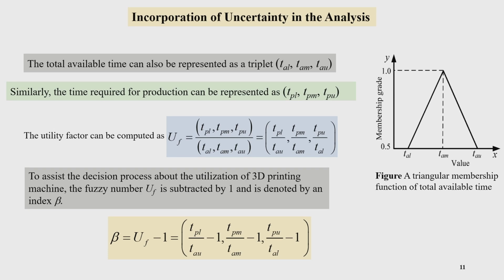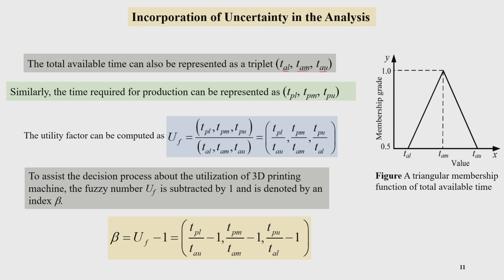Okay. And when we start some purchase, there are some uncertainties also. So we can incorporate uncertainty in the analysis. One way is to handle the uncertainties by means of a fuzzy set. And how effectively you can use fuzzy arithmetic or fuzzy sets also depends on how you collect the data from experts, etc. Suppose we say the total available time on a machine, I can represent as a triplet TAL, TAM, TAU.